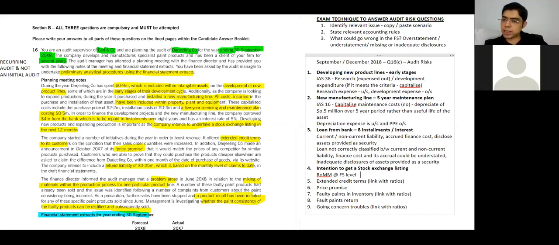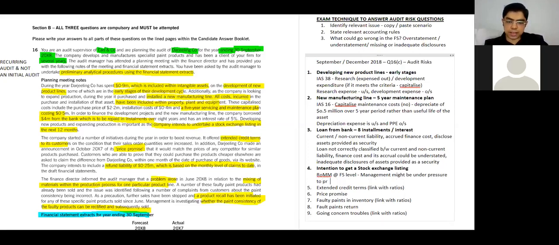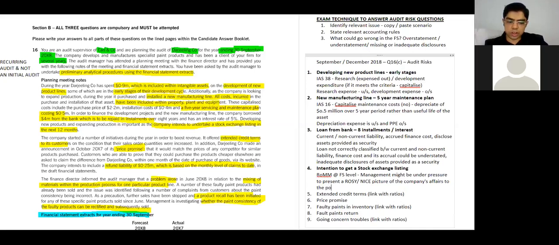There could be material misstatement anywhere in the financial statements because management might be under pressure to present a rosy picture, a nice picture of the company's affairs to the potential shareholders to get a nice price.